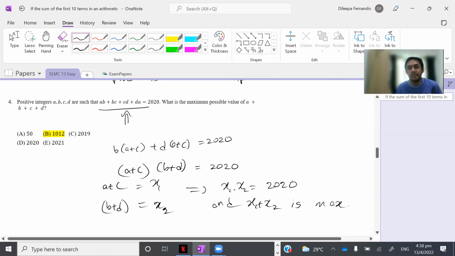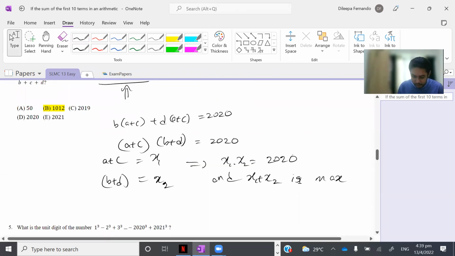So you have to start with the largest factors. The largest factors are 20 into 1. So this means x1 equals 20, without loss of generality, x2 equals 1.